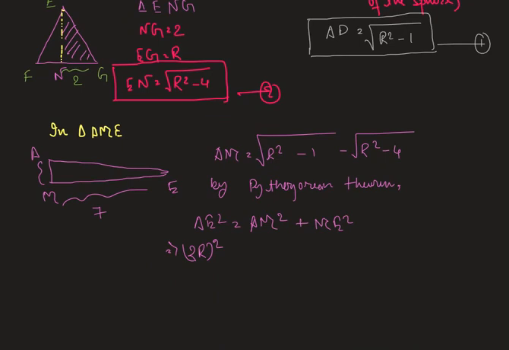The value of AM is given by root over r square minus 1 minus root over r square minus 4, whole square, and the value of ME square is 49 because the value of ME is 7.